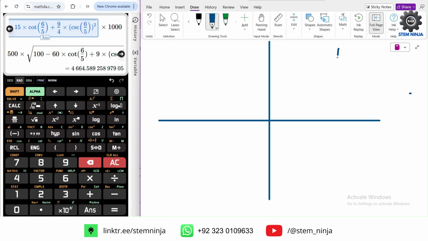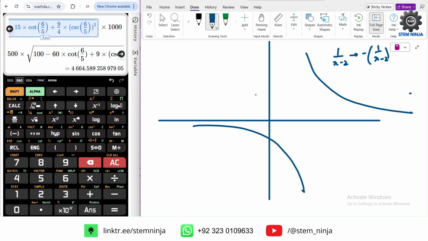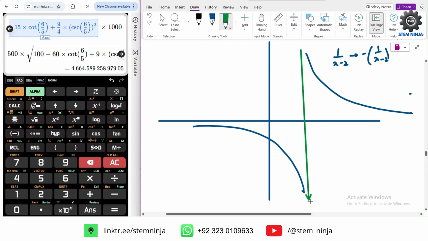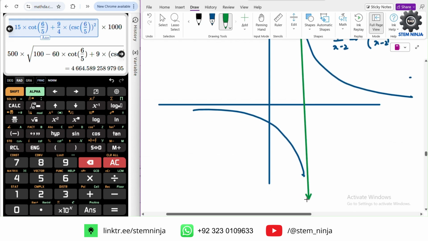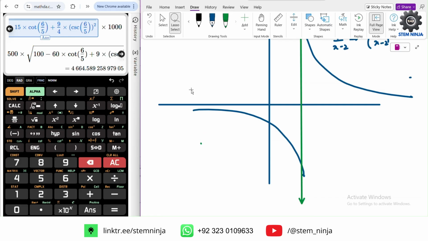First off, if you do 1 over x minus 2, you can transform it by doing minus of 1 over x minus 2. So 1 over x minus 2 would be somewhat like this.